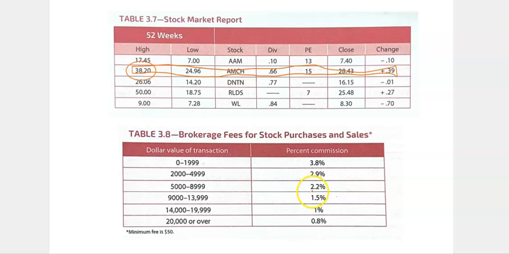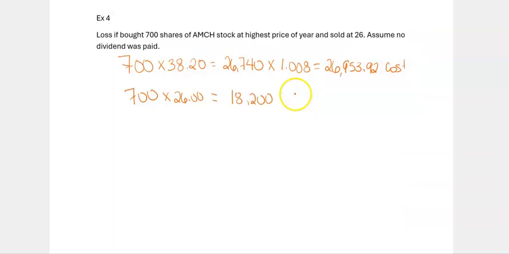Well, my $18,200 is not over $20,000, so I know it's not going to be 0.8% that I have to pay my broker. I look over here, and it's the next to the bottom row, so I'm going to end up paying 1% to my broker. Because I'm subtracting, I'm not going to multiply it by 1.01. I'm going to multiply it by 0.01 here.